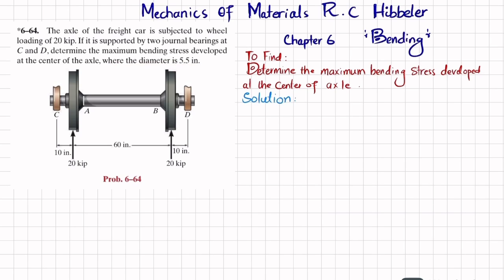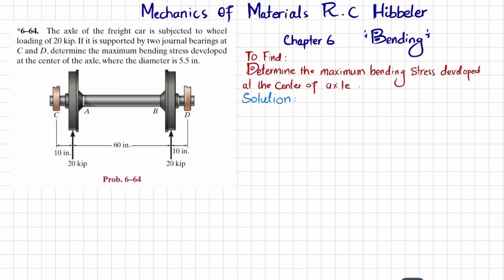So you can see this is the axle of a freight car, and these wheels are subjected to 20 kip loads. There is a journal bearing at C and D. Clear? So you have to determine the maximum bending stress at the center of the axle. Diameter is 5.5 inch. So let's start with the solution.